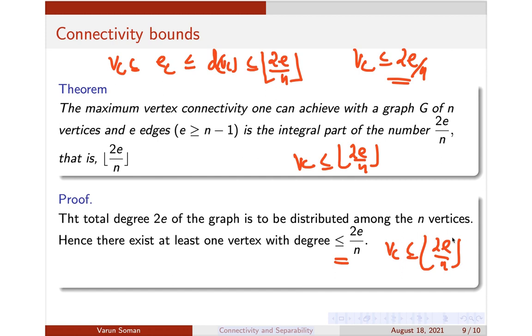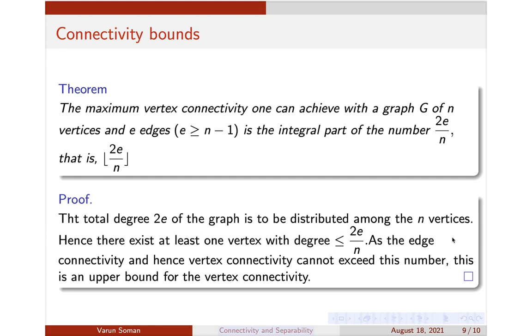So there exists at least one vertex with degree less than or equal to 2e by n, and this means that the minimal degree of a vertex will always be less than or equal to 2e by n, or in particular the integer part of 2e by n, because the degree is the number of edges. Since vertex connectivity is less than or equal to edge connectivity, which is again less than or equal to the minimal degree, an upper bound for the vertex connectivity is simply the integer part of 2e by n. So this is the theorem. I hope it is clear.